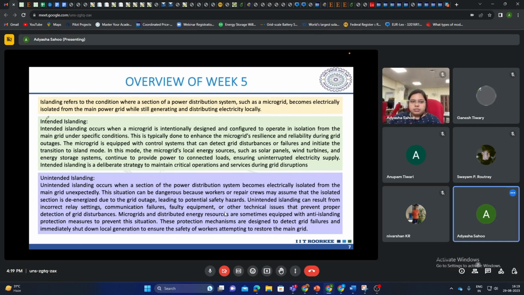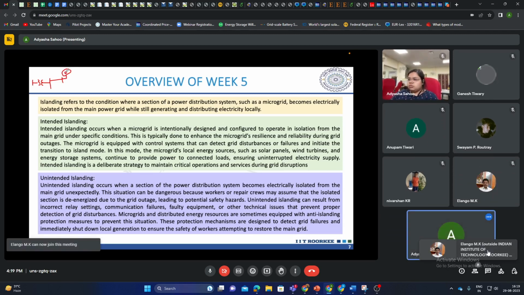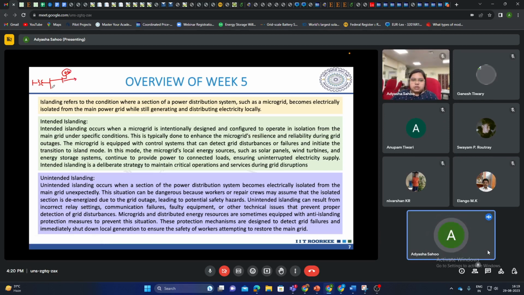Basically, I have a grid here with a distributed generator, a DG, and let's say we consider a very small microgrid, and then let's say we detected a fault here.